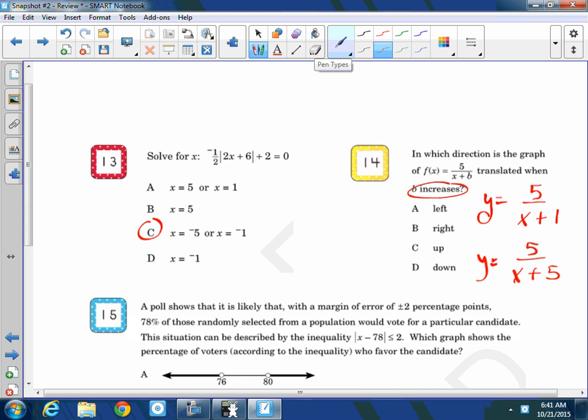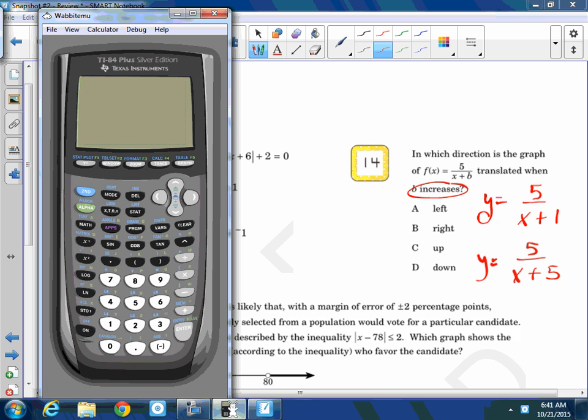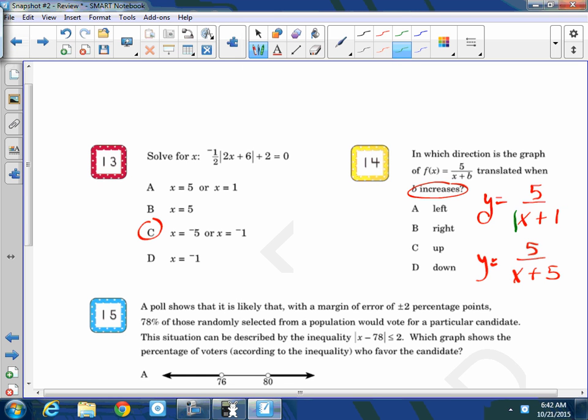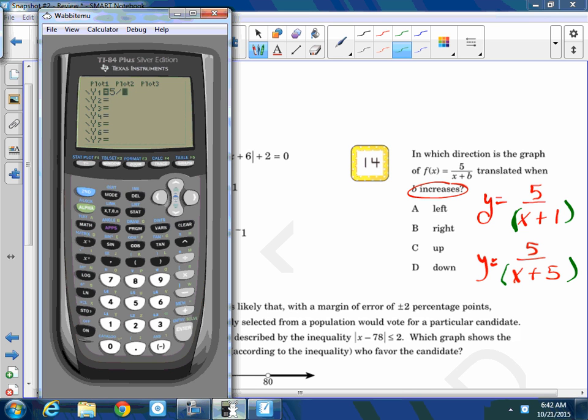So now I grab my calculator and I grab both. Okay? So you're going to go to y equal to, and you're going to say 5 divided. Now, the denominator is not just one thing, it's 2, which means I'm going to have to put parentheses around that denominator. If you don't, then you're going to mess it up, because then it's only going to divide the 5 by the x.